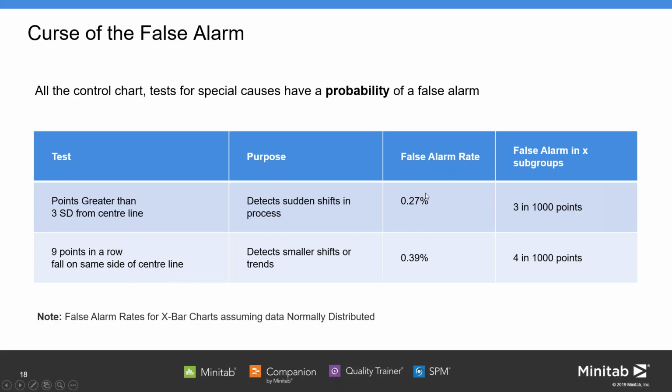In this case, the chance of getting a false alarm is 0.39%, which is 4 in 1,000 points. Looking at my previous chart, I now have over 100 observations that could be a problem, which are not really a problem in this 4-week period.